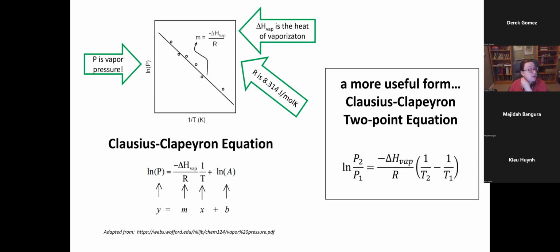I like this version we have because it keeps the 2s and the 1s consistent. The 2 is always first, so it's kind of like final minus initial. Pressure 2 is on top, pressure 1 is on the bottom. Temperature 2 is first, and then we subtract 1 over temperature 1.